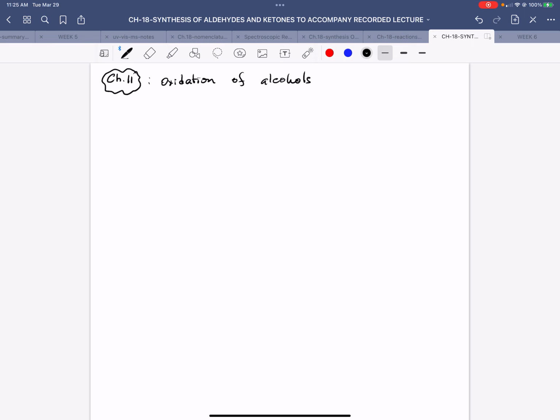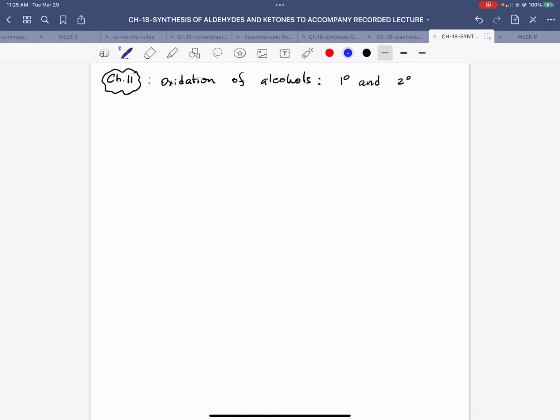We've learned from chapter 11 that we can oxidize primary and secondary alcohols only, and depending on the reaction conditions, the oxidation will go towards formation of aldehyde, of ketone or aldehyde, or a carboxylic acid. Tertiary alcohols are not going to be oxidized, so primary and secondary alcohols.